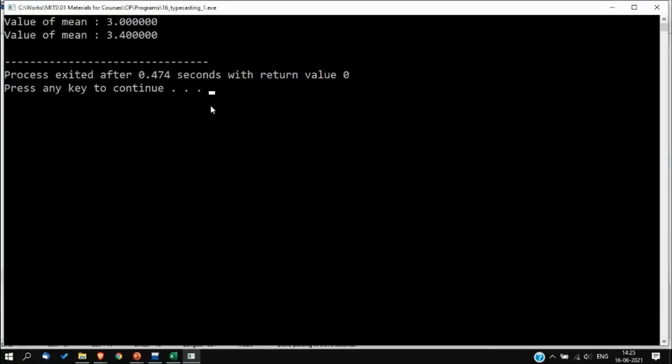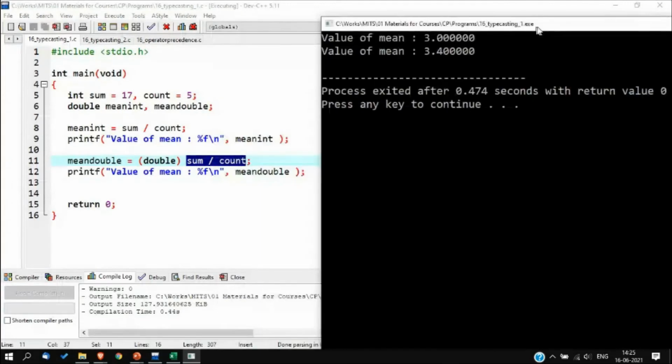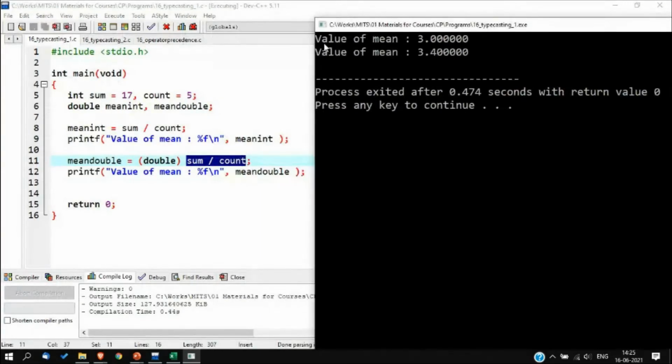Compiled it, then ran it. So while executing, see the value of mean in the first statement, that is mean integer, is 3.000. Why is it 3.000? Because here it is the integer division that is happening. 17 divided by 5, you know, is 3.4.